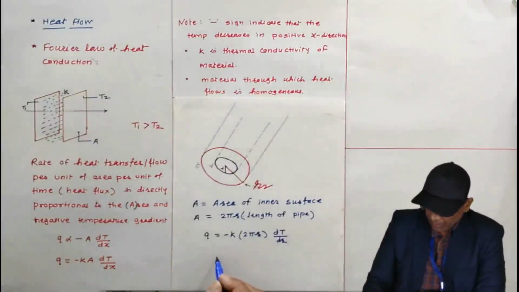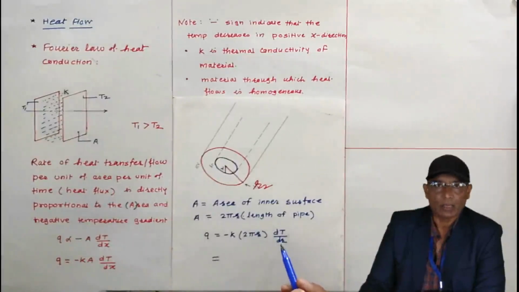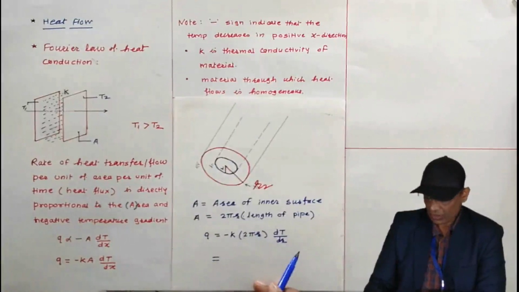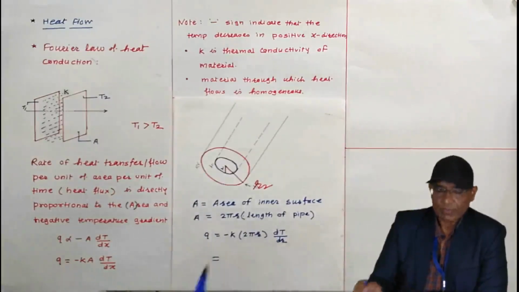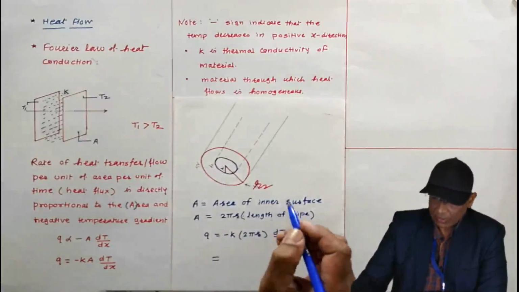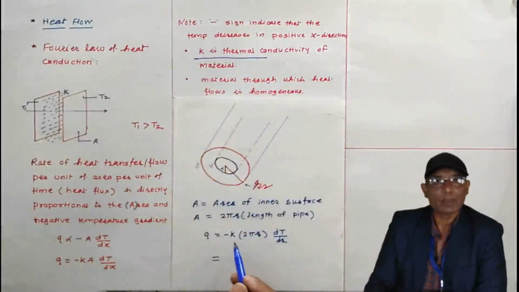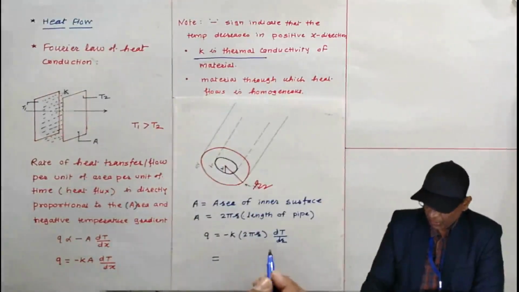See, here how many variables are there? Temperature and R, radius. These two are variables and the rest of the things are constant. K is the thermal conductivity, which is always given to you. Here I have already written that K is the thermal conductivity, it varies from material to material, and it will be given to you. Now what am I going to do?